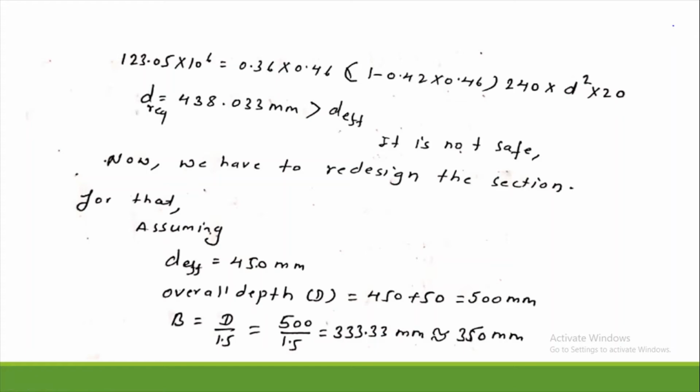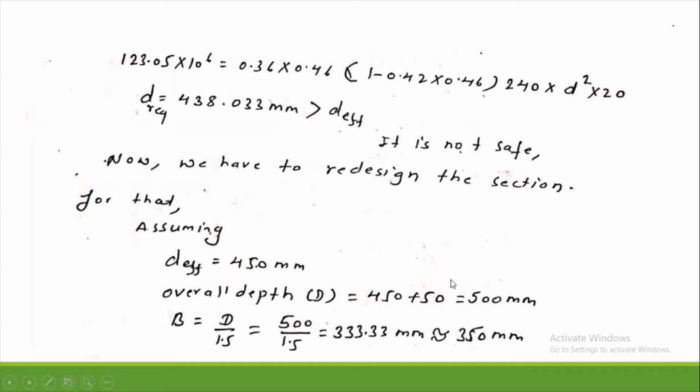So what we have to do now is redesign the sections. For that we have to assume D effective, make sure guys you assume D effective more than this. I'm assuming here 450 mm, right? Overall depth is the summation of D effective plus effective cover.